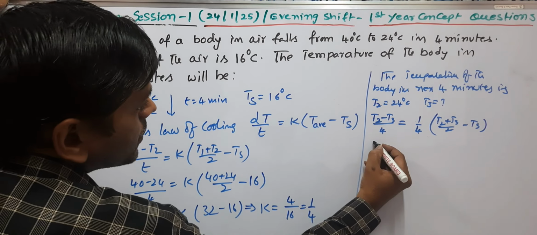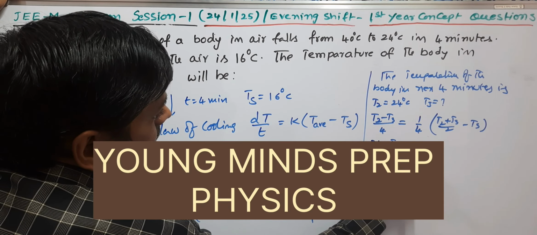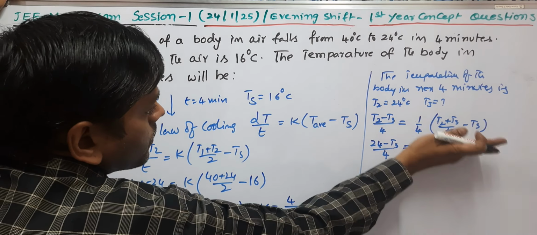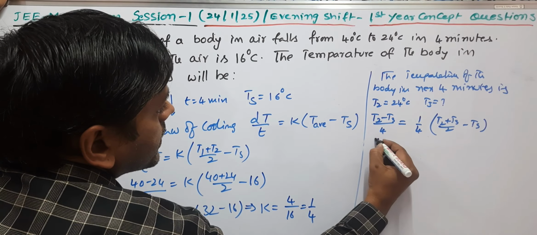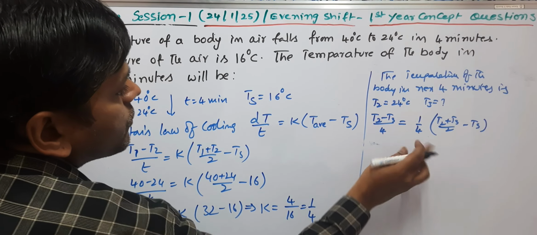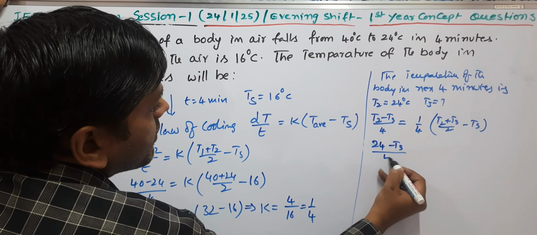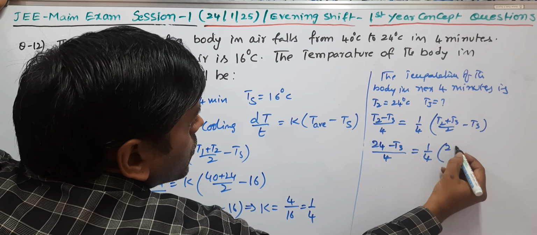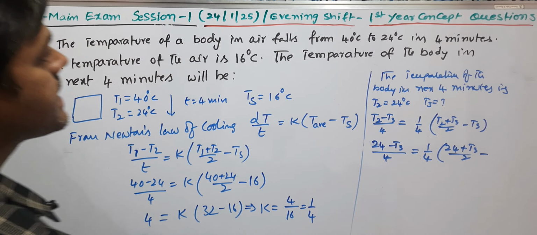T2 is already 24. So 24 minus T3 by 4 is equal to 1 by 4 into (24 plus T3 by 2 minus Ts).